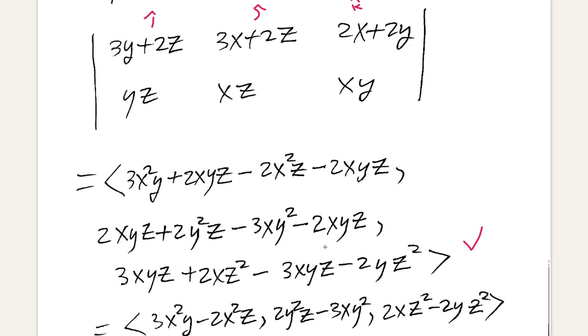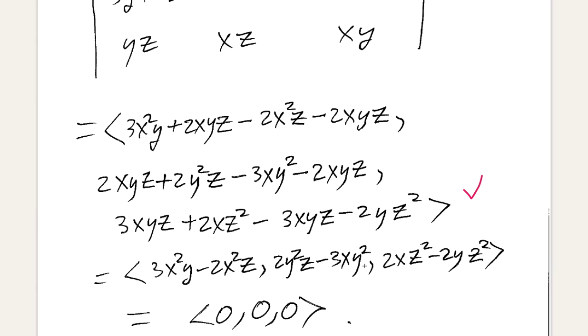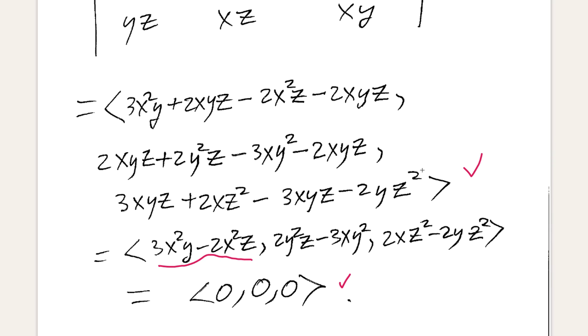So you've got the 3 algebraic terms there, and it actually cleans up a little bit, fortunately. It becomes 3x squared y minus 2x squared z, 2y squared z minus 3xy squared, 2xz squared minus 2yz squared, and you want to set that equal to the 0 vector, so 0, 0, 0.